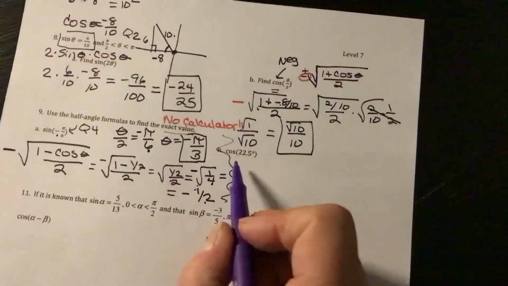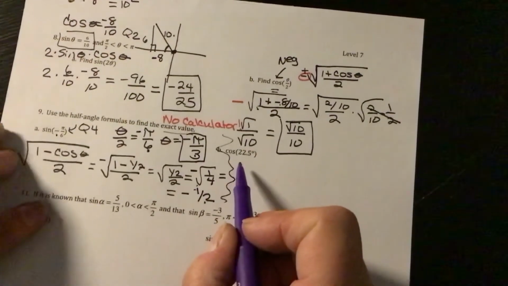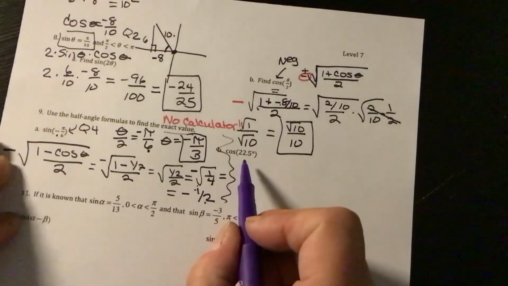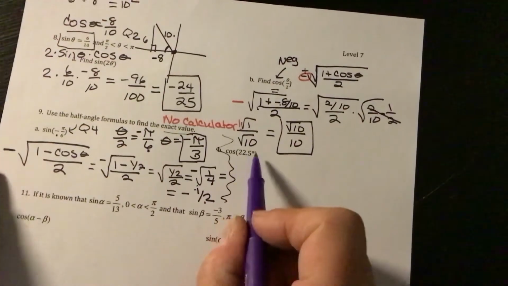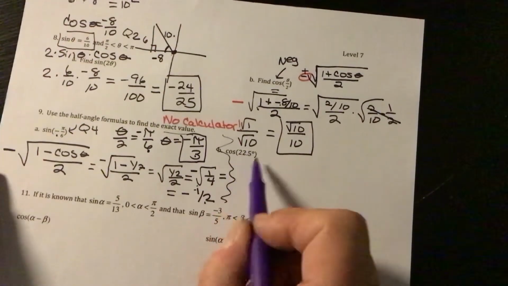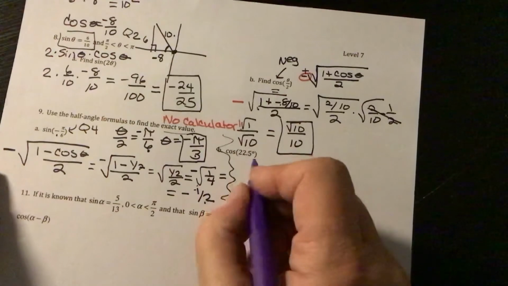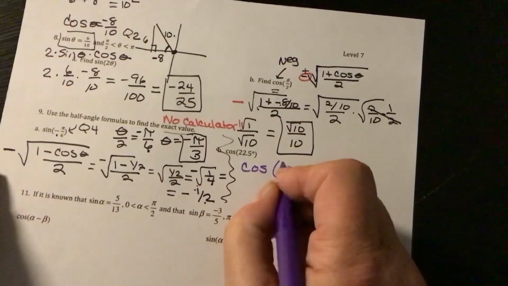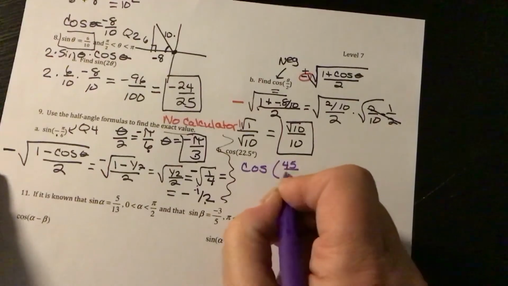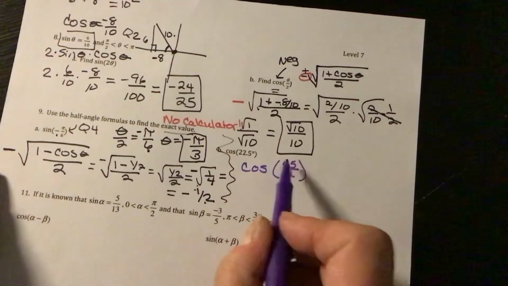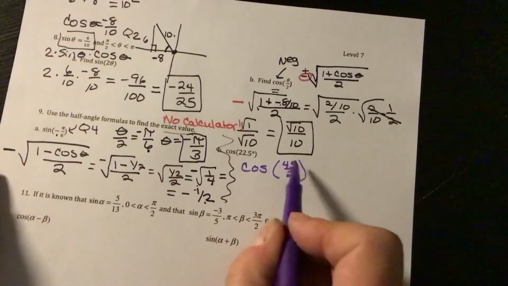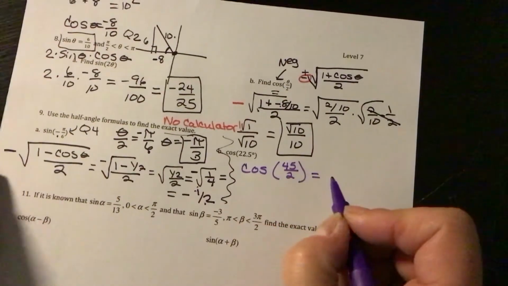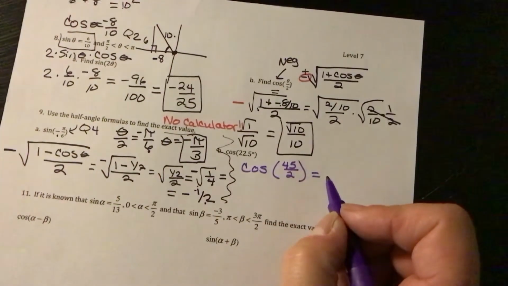In part B, our angle is 22.5. I know that this angle is half of 45. So what I'm looking for is cosine of 45 divided by 2. So 45 is my angle that I'm looking at here.